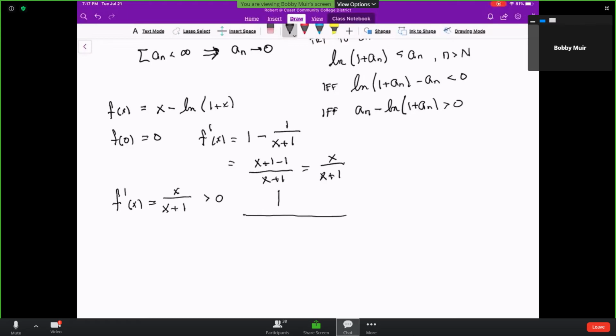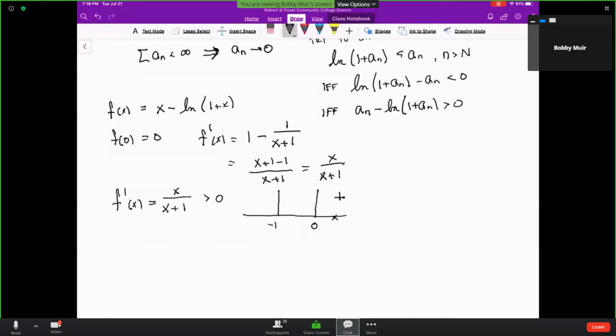So f prime of x, which is equal to x over x plus 1, is going to be positive. Well, let's see where it's going to be positive. First of all, if we plug in a number over here, it's going to be positive, right? You plug in a negative number over here, it's going to be negative, negative a half, right? And then if you plug in a negative over here, it's going to be negative. Now the only thing we care about is this, right?